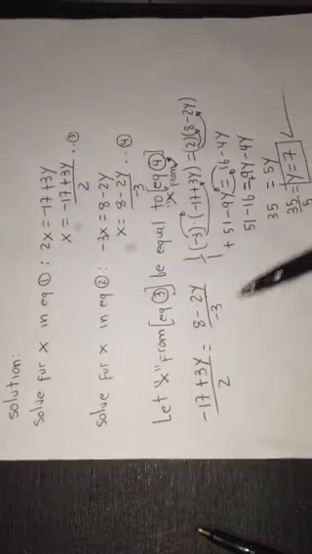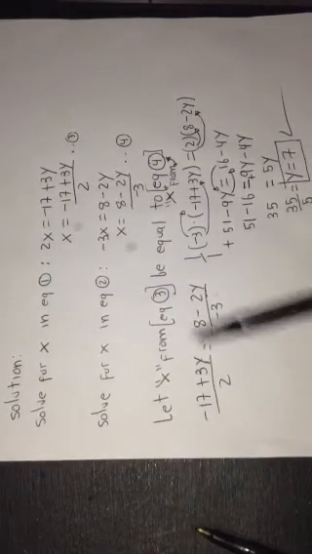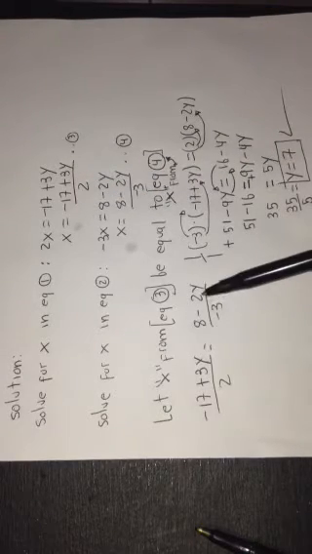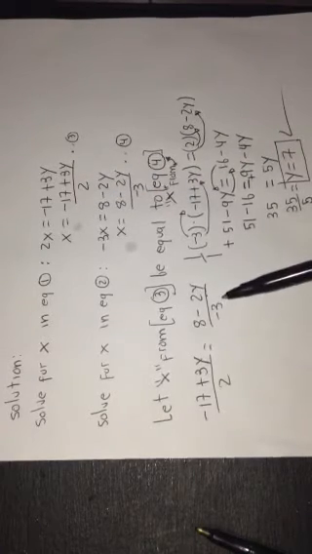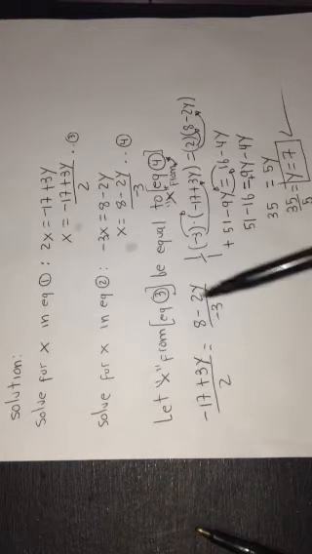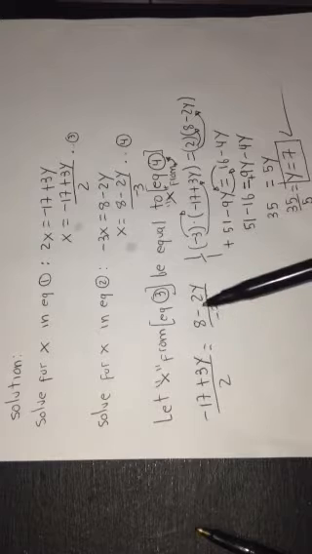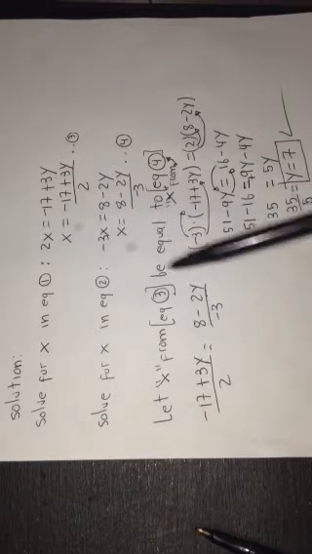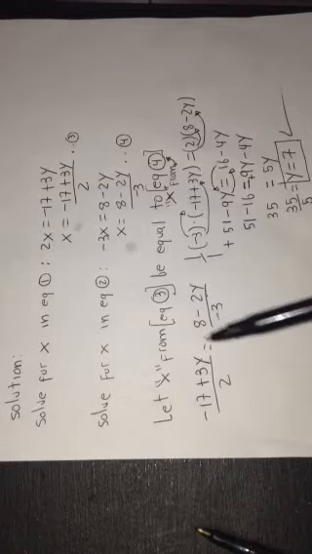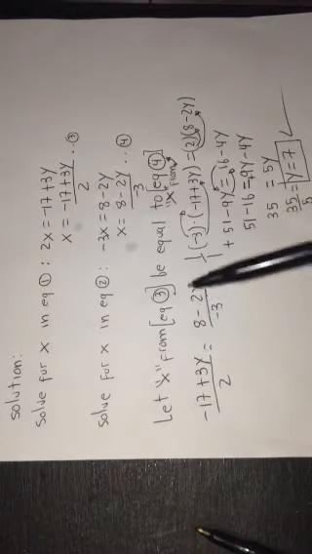And this is illustrated in the next step. Right here, negative 17 plus 3y over 2 is equal to 8 minus 2y over negative 3. As you can see from this equation, I have removed x, so I end up with y, so I can solve for y because I only have one unknown in one equation, which is linear, by the way.